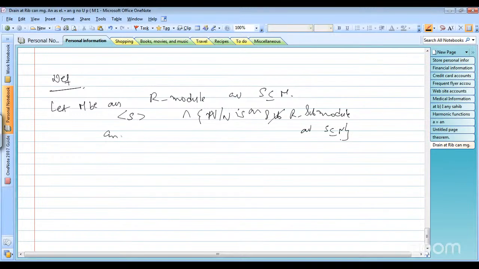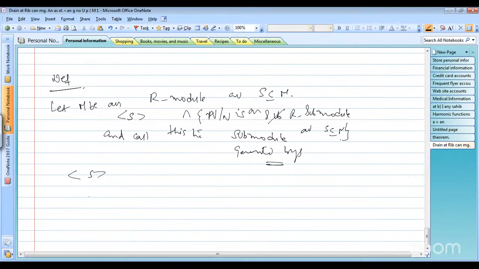And all the module generated by it. Yes, this is the condition of writing. So therefore, the generator of X we are writing here.